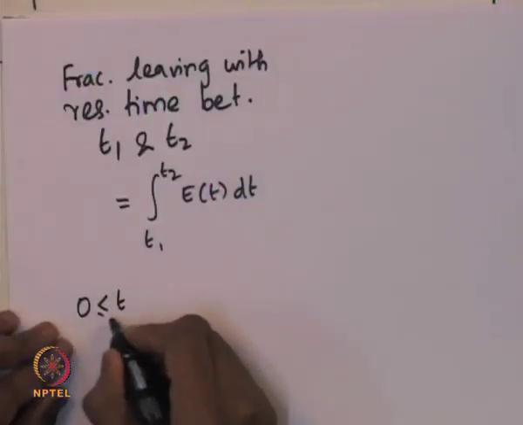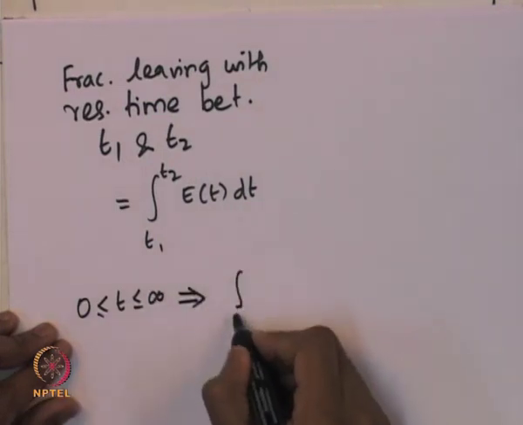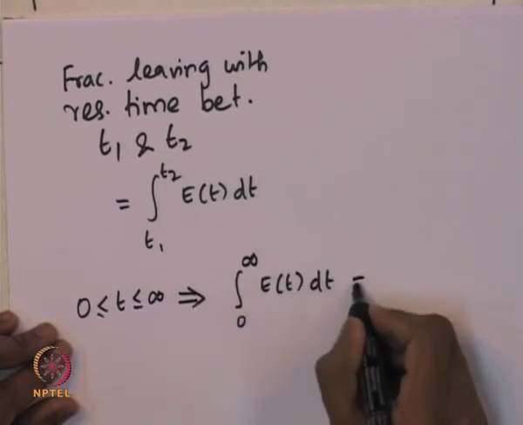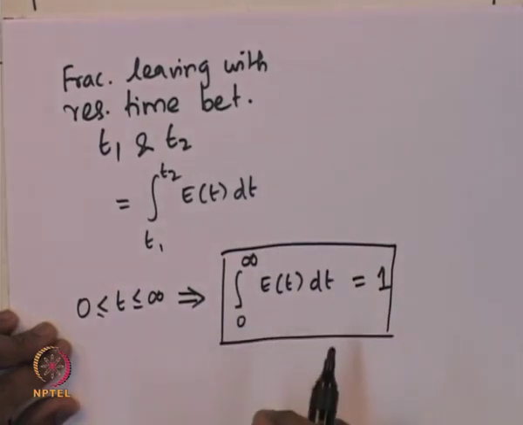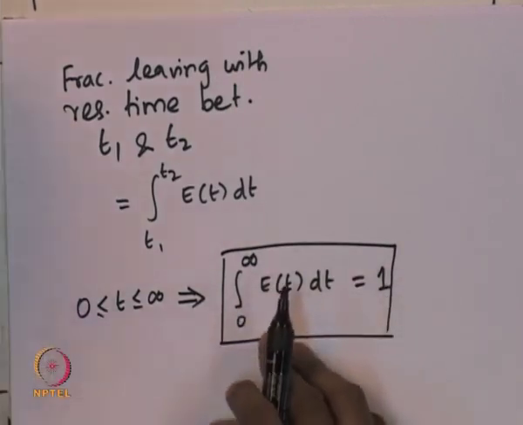For 0 less than t less than or equal to infinity, that fraction will simply be the integral from 0 to infinity of E of t dt, and that is equal to 1. Which means the area under the RTD function curve is 1, which is true because it is a fraction, and so the area under the curve should be equal to 1.